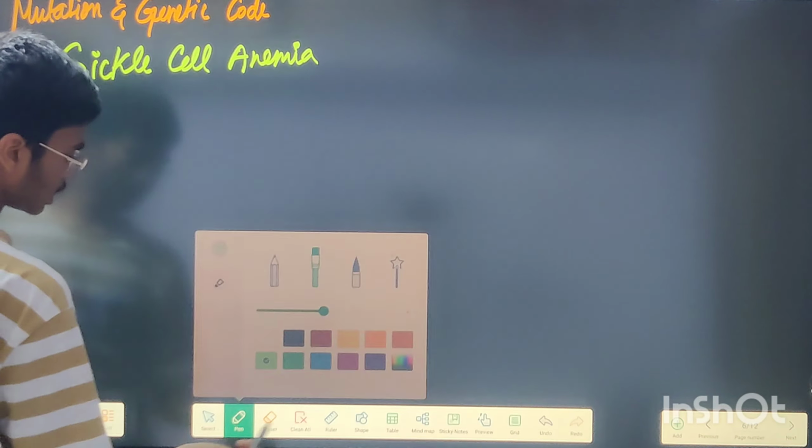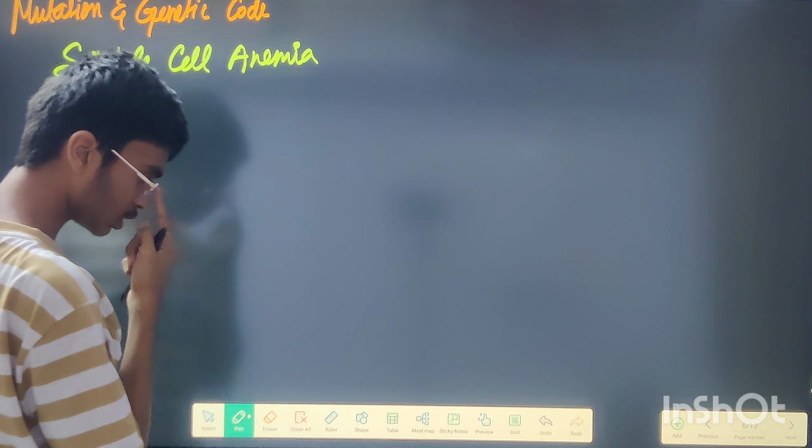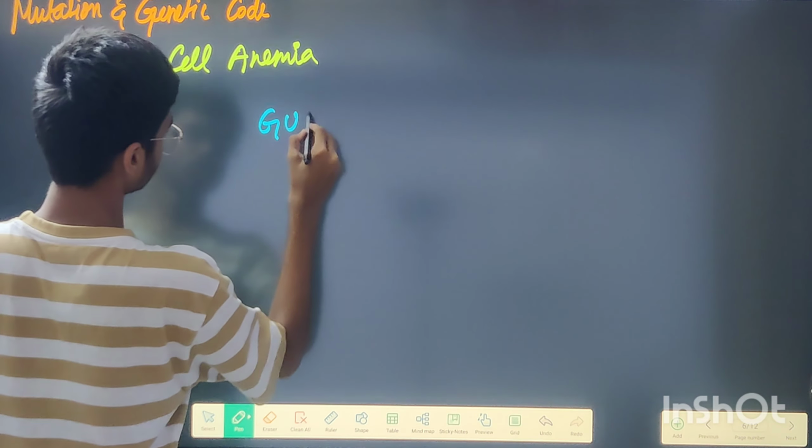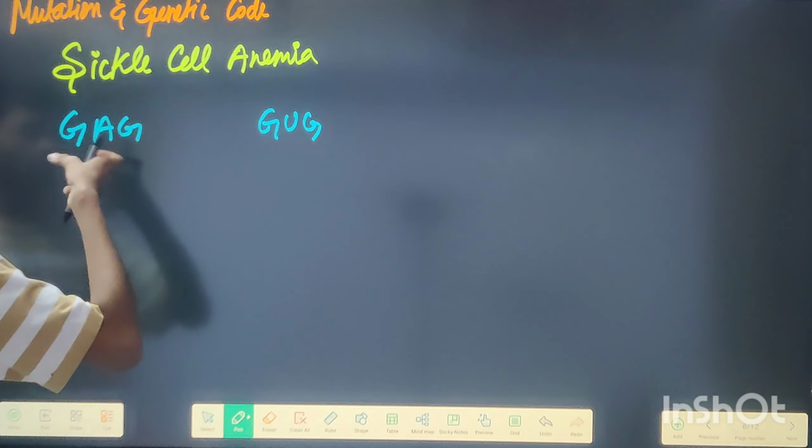Here GAG has got converted into GUG. This is glutamic acid, this is valine.